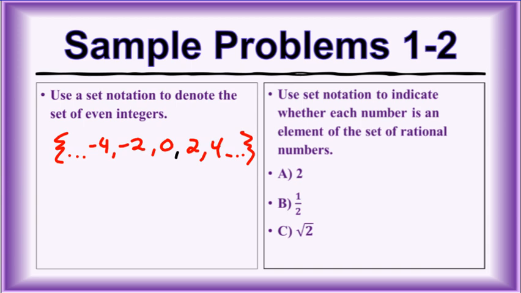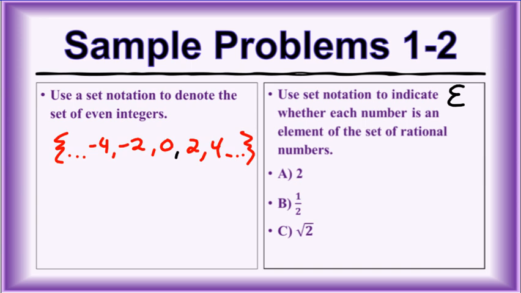The next one, use set notation to indicate whether each number is an element of the set of rational numbers. So we would use the curved E like that to show that it is an element of the set of rational numbers.